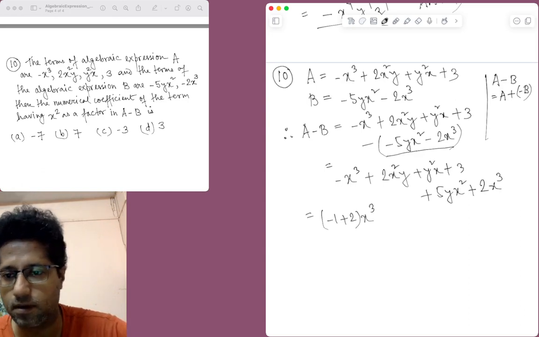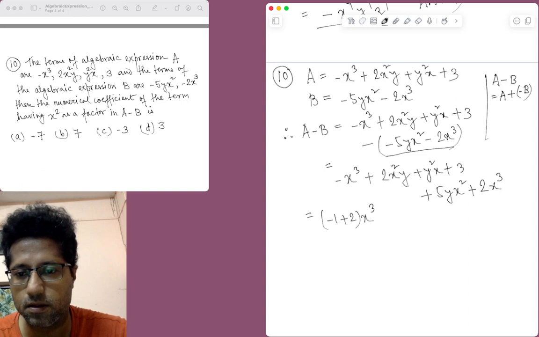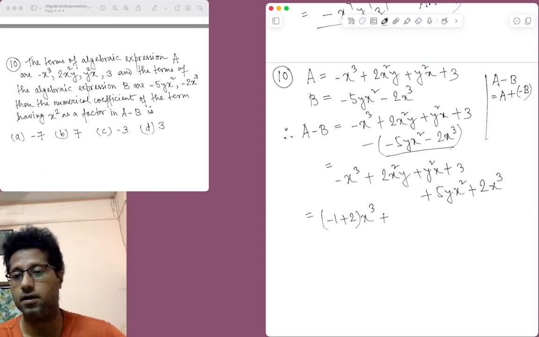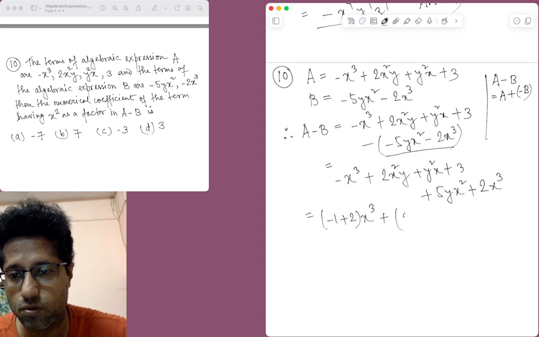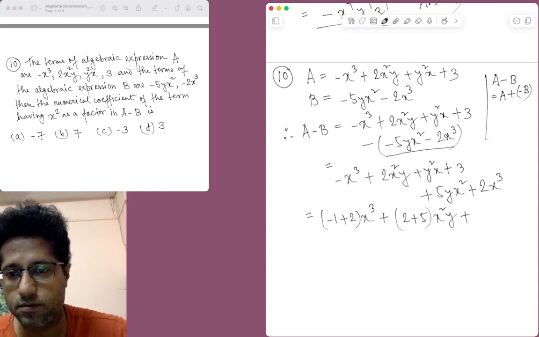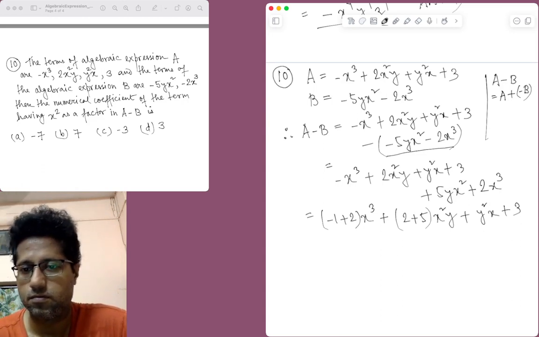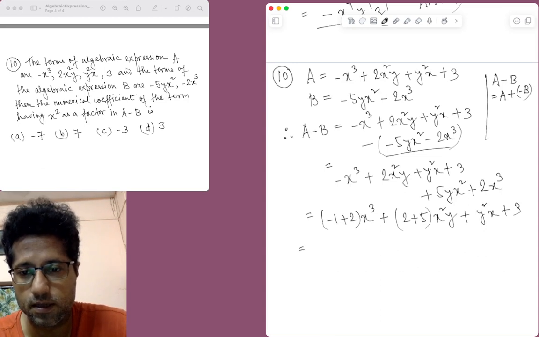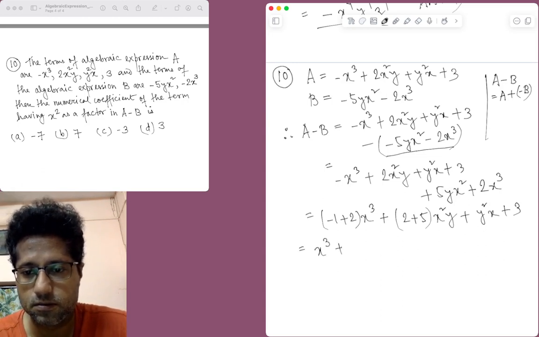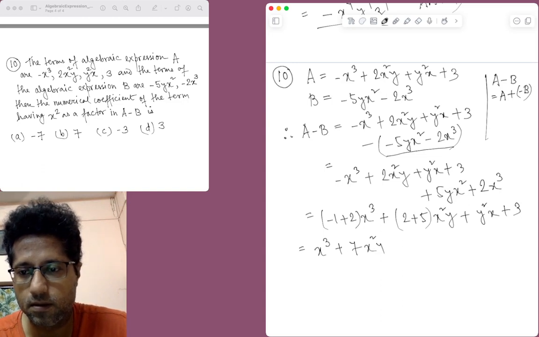Another like term is yx square. If we combine the like terms having the literal coefficient x square y, it becomes 2 plus 5, x square y, and the unlike terms remaining are y square x plus 3. Okay, so this is x cube plus 7x square y plus y square x plus 3.